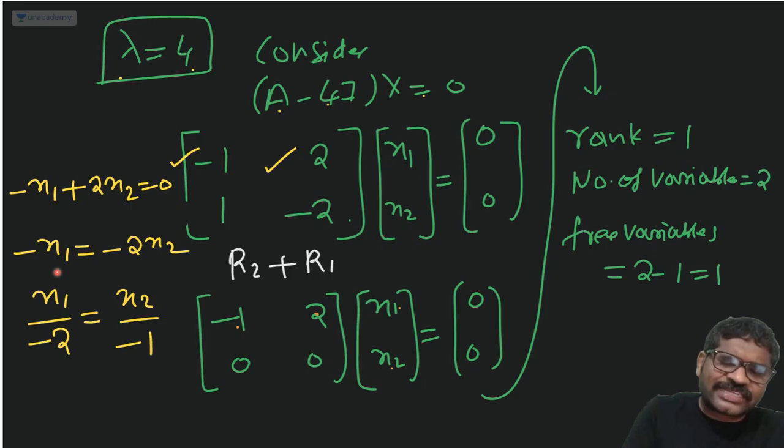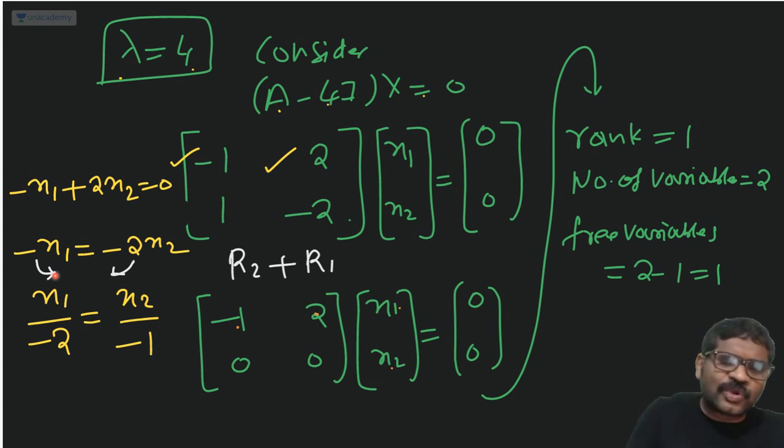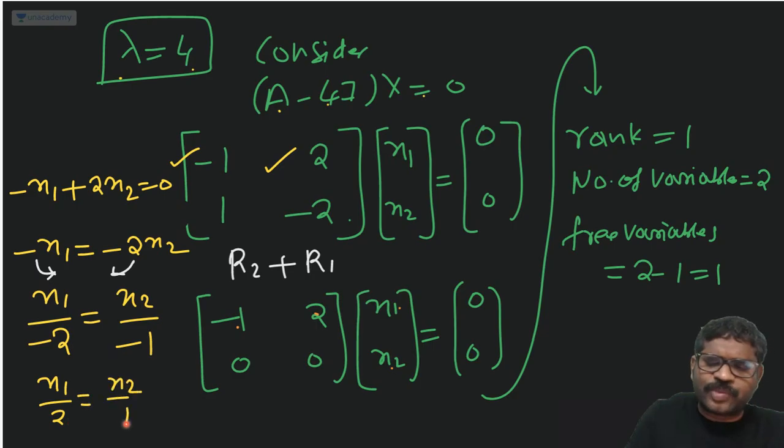Send the right side coefficient to the left side and the left side coefficient to the right side, like a cross multiplication model. Any cancellation possible, you cancel. Minus minus you can cancel. So x1 by 2 equal to x2 by 1. From this, you can write the eigenvector is 2 1.